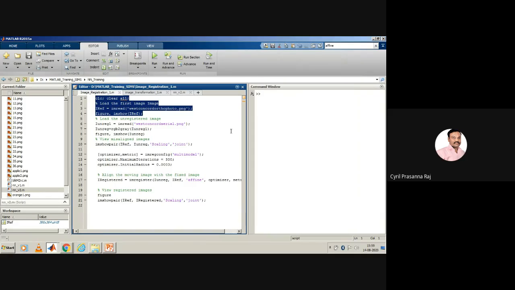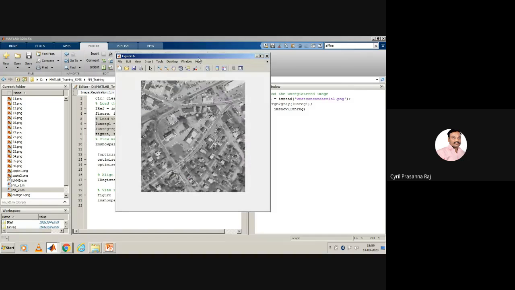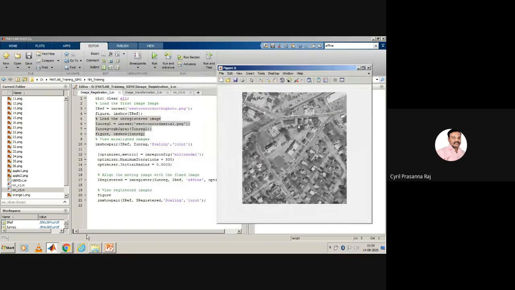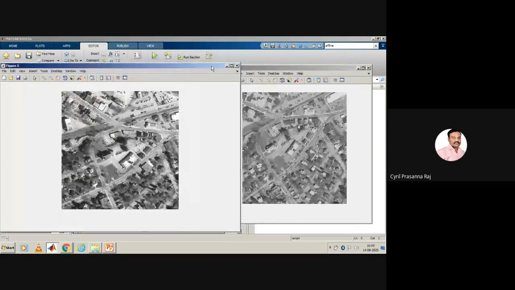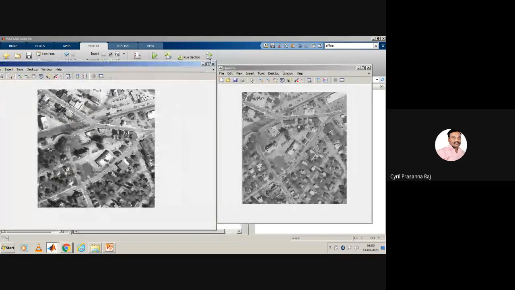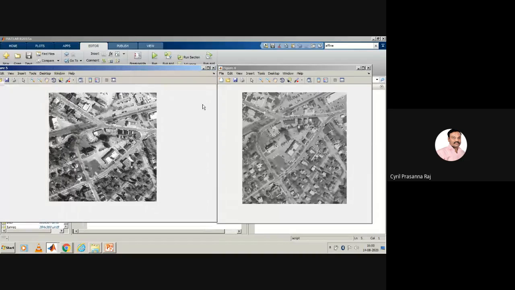Now let us take the same image at a different interval of time, at a different angle. This is the second image, and this is the first image. Both are actually the same, but there is a difference between them.